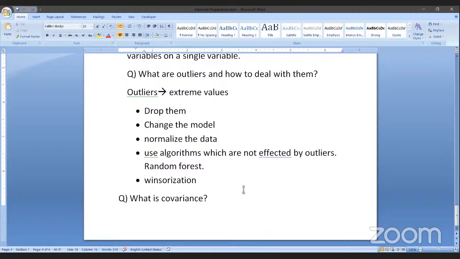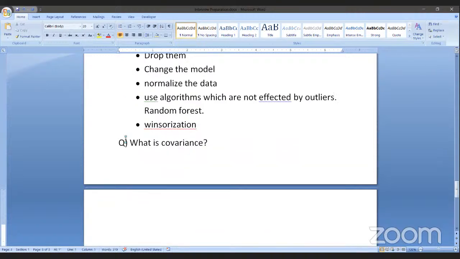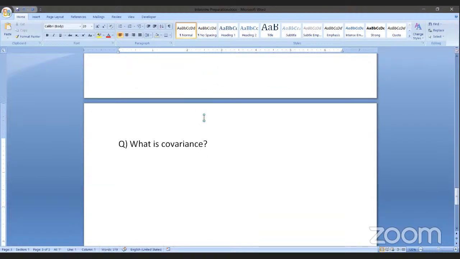So we have the formula for covariance. So if we have covariance of x comma y, it is nothing but sum of, I don't have the symbol, so I'm writing it directly.